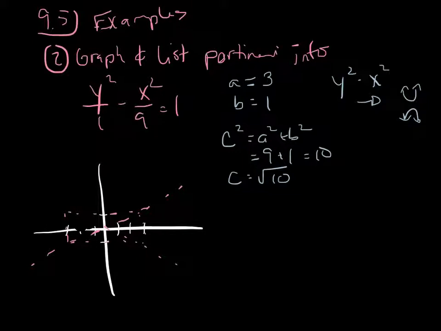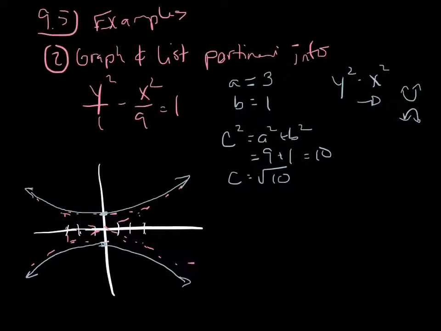Let's try that again. Okay, and so we go through it like that. It's vertical, so I'm right here, and I'm going that way, and that way, that way, and that way. Don't have to be too particular about where the points cross.